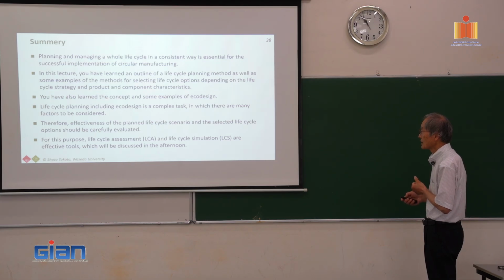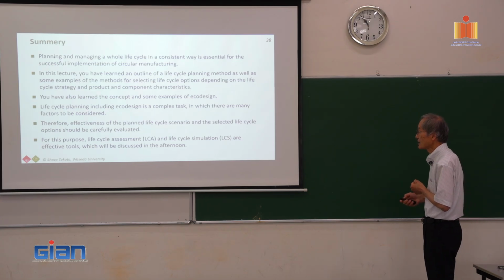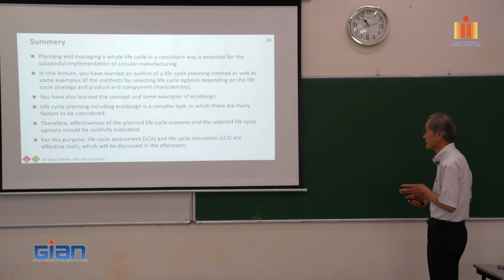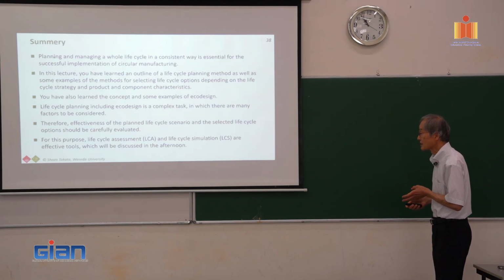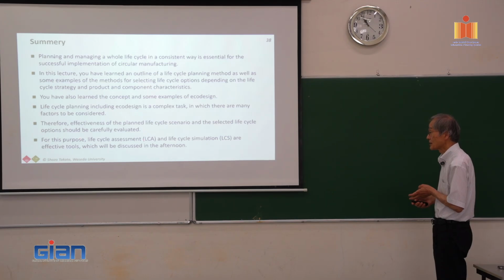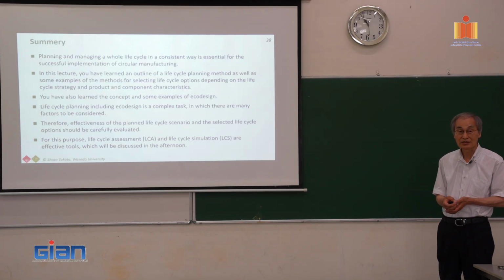You have also learned the concept and some examples of eco-design. Life cycle planning, including eco-design, is a complex task in which there are many factors to be considered. Therefore, the effectiveness of the planned life cycle scenario and the selected life cycle option should be carefully evaluated. For this purpose, life cycle assessment and life cycle simulation are effective tools, which I will present this afternoon.